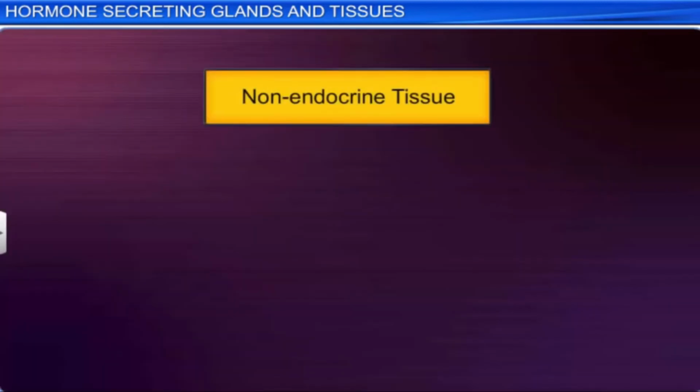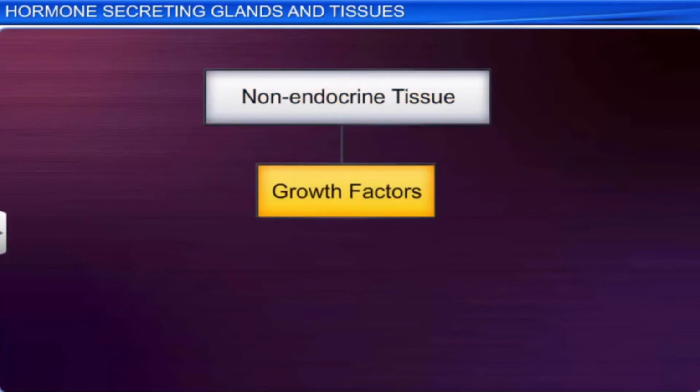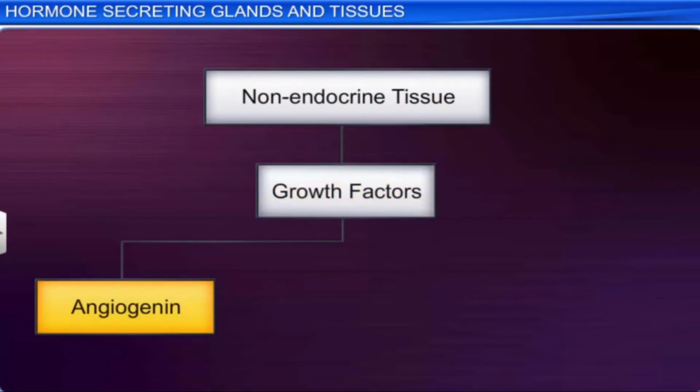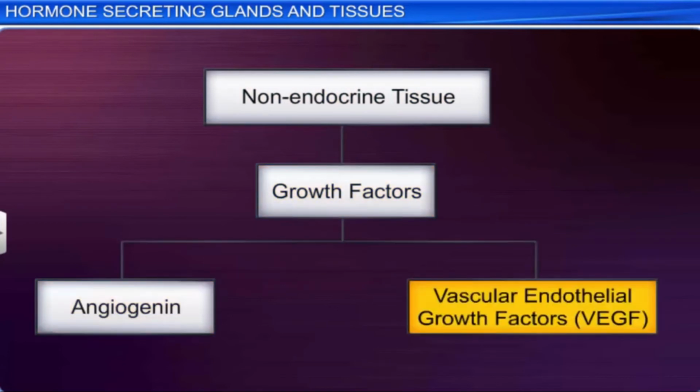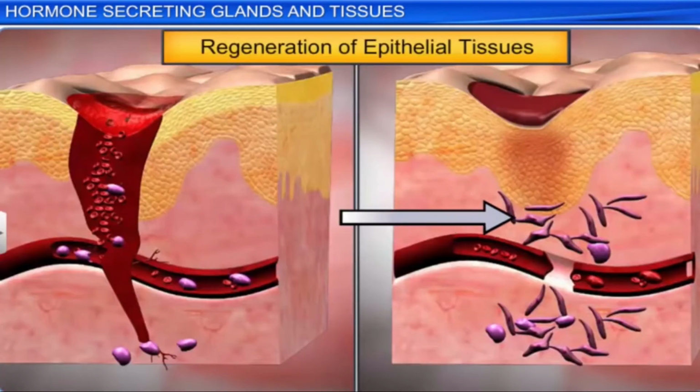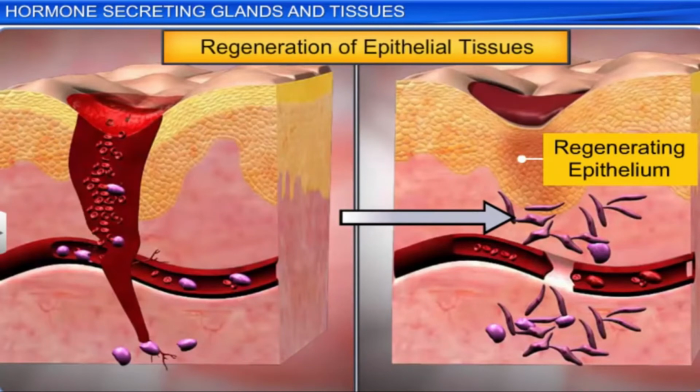There are also several other non-endocrine tissues that secrete hormones called growth factors, such as angiogenin and vascular endothelial growth factors or VEGF, which are responsible for the repair or regeneration of tissues and their normal growth.